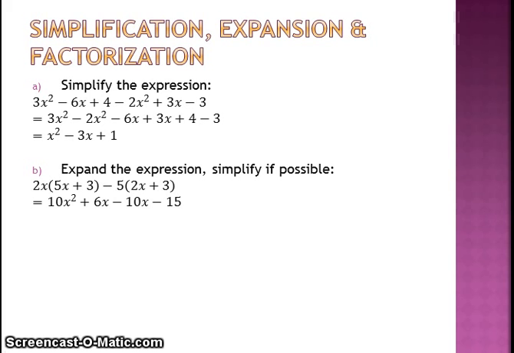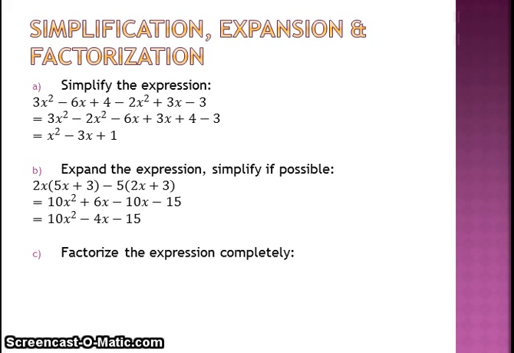Please be aware that the negative sign outside of the bracket changes the sign inside the bracket after expansion. Furthermore, simplifying the like terms, you have 10x squared minus 4x minus 15.